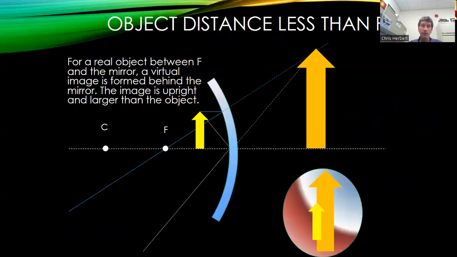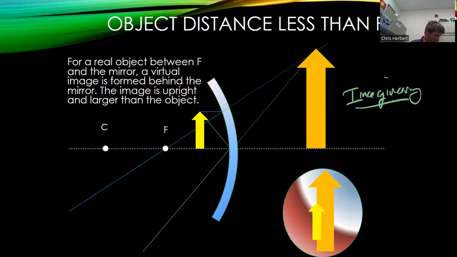But if I go in front of the focal point, something interesting happens. Well, two interesting things happen. The first thing is the image is imaginary. Why? Because when I trace the rays here, they converge beyond the mirror where the light doesn't actually pass.